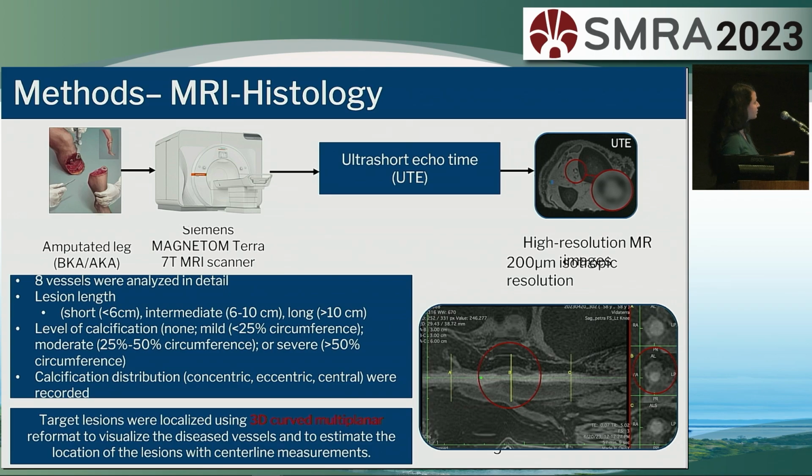So for our crossability study, we evaluated 8 vessels, which were characterized in detail from 6 amputated legs, and we performed the same 200 micron isotropic UTE sequence on a 7 Tesla MRI scanner.